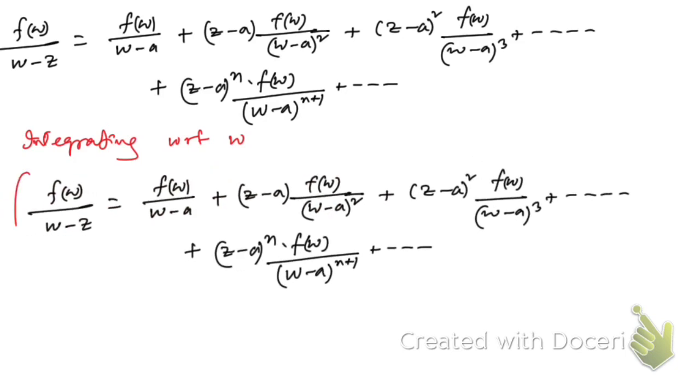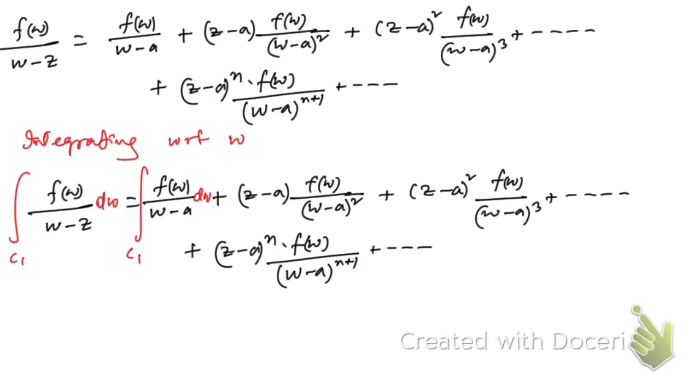So if we integrate here, there's going to be dw here, then again integrate this one as well, dw, right? Again this is along c1.